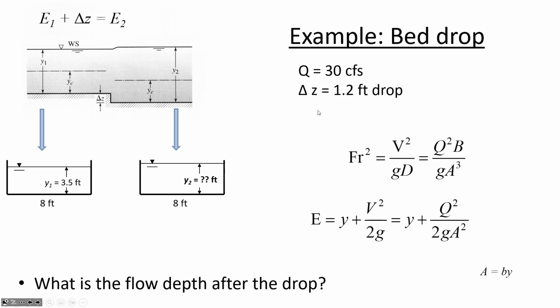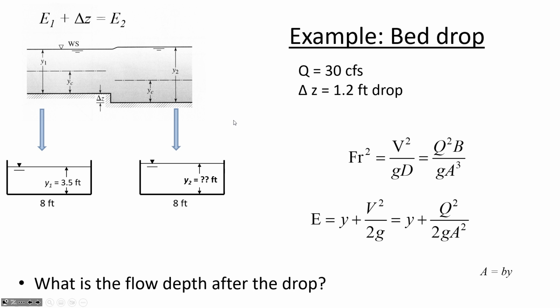Now notice, it's pretty close to just adding together y2 and delta z. 3.5 plus 1.2 is 4.7. Well, this is saying it's 4.708. It's not exactly linear, because there is some change in the velocity head as well. Specific energy isn't only because of depth.